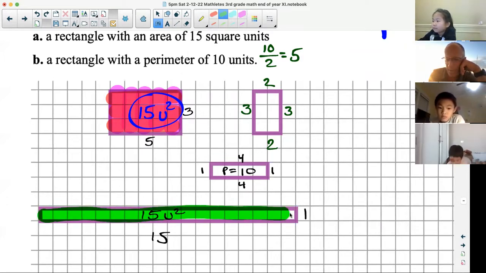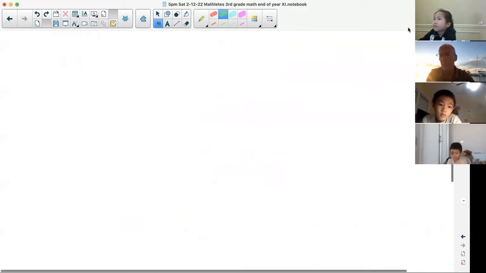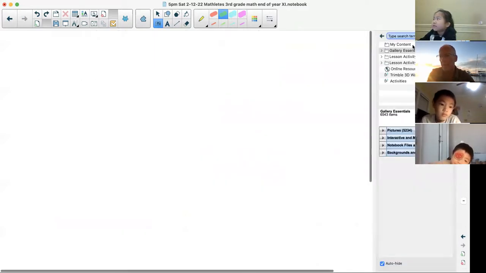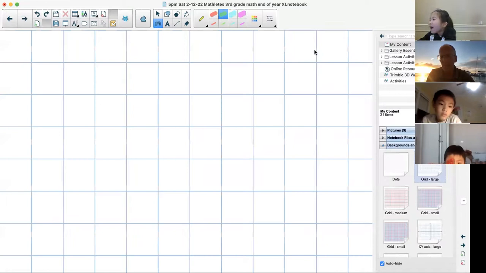And it's really a lot of fun to look at different rectangles that have different square units. I'm going to ask you this question with a different number. Are you ready? What number?